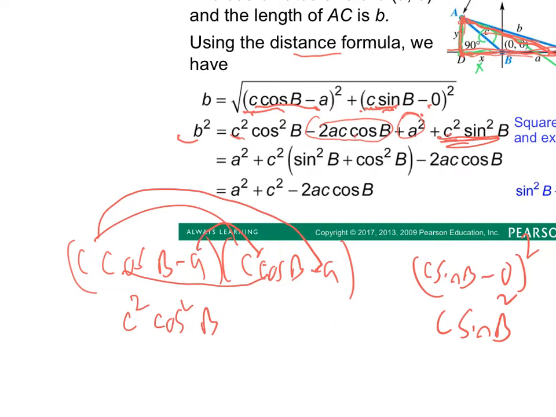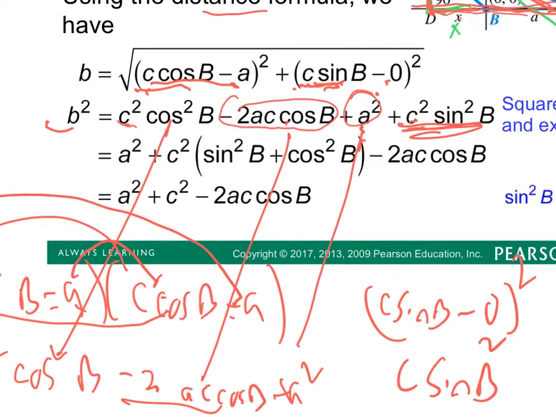That's where you get minus 2ac cosine of B. Then you have a minus a times a minus a, which gives you your plus a squared. So that's where each term came from. Anyway, he didn't show you that step.